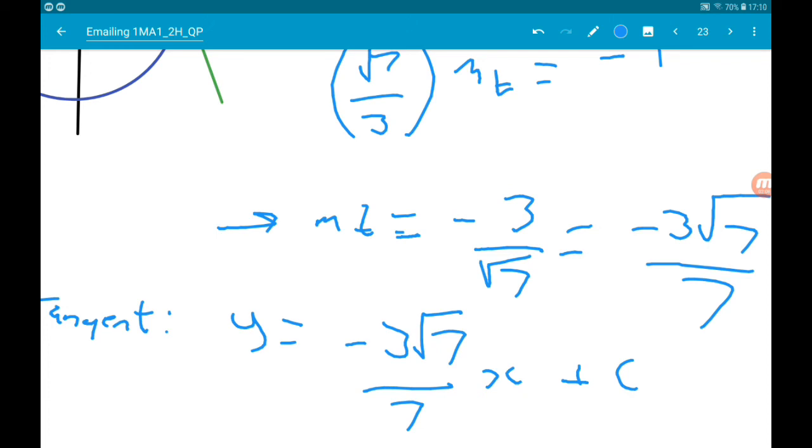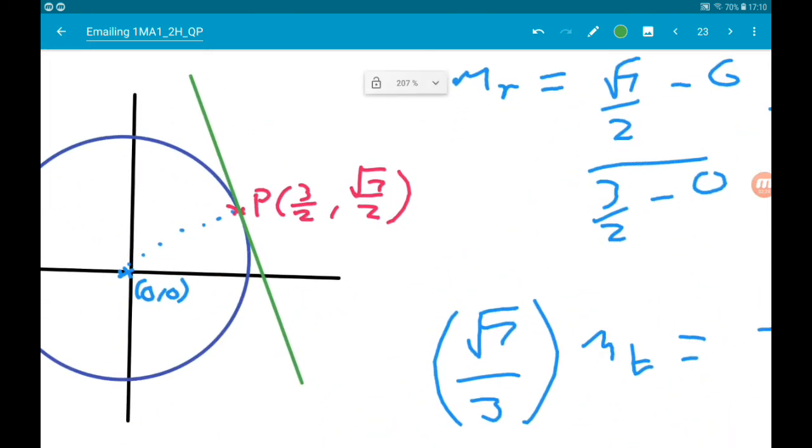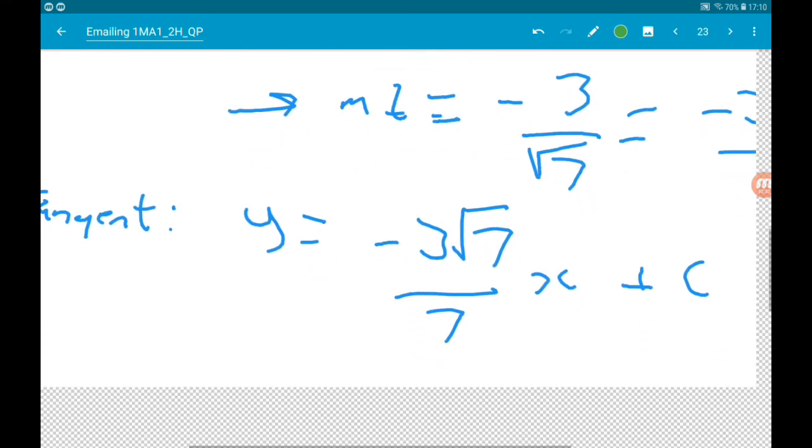So we now need to find the value of c. To do that, we use the set of coordinates that we know lie on the line. So that's point P, which was 3/2, root 7 over 2. So y is root 7 over 2.